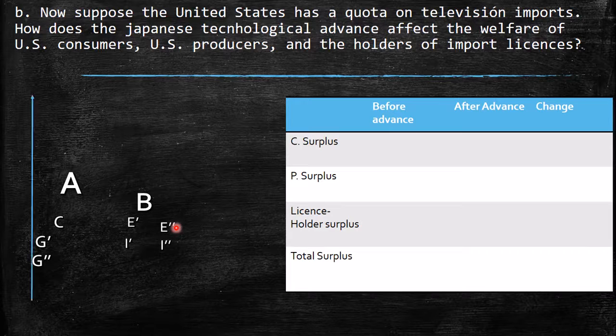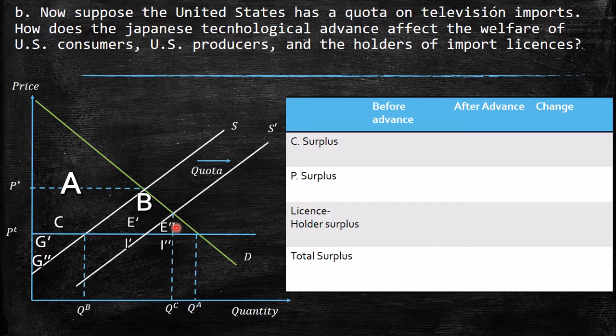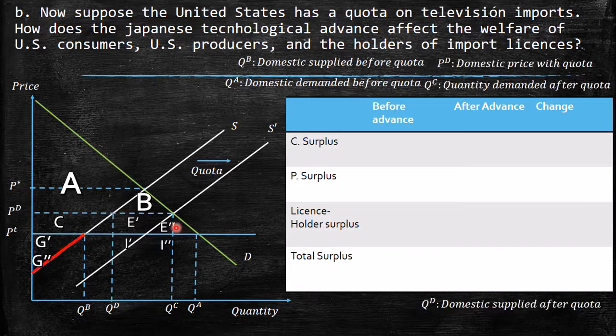So here is our analysis. Remember, here we have the demand and here we have the supply.